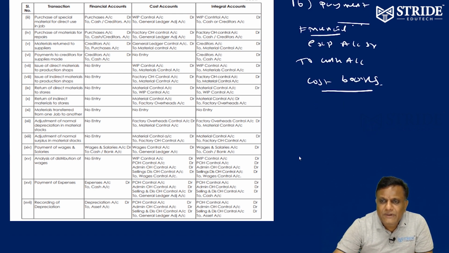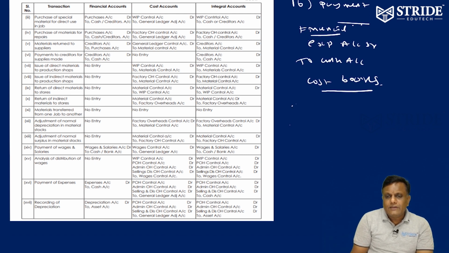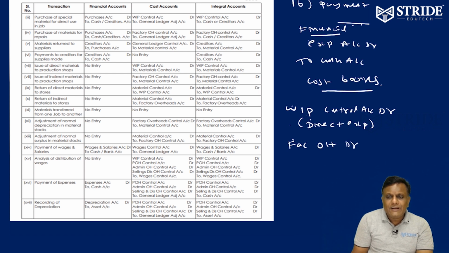One is direct expenses, another one is indirect expenses. Suppose direct expenses are involved, you can treat it as WIP control account debit. Suppose if it is indirect expenses means it may be factory overhead control account debit.